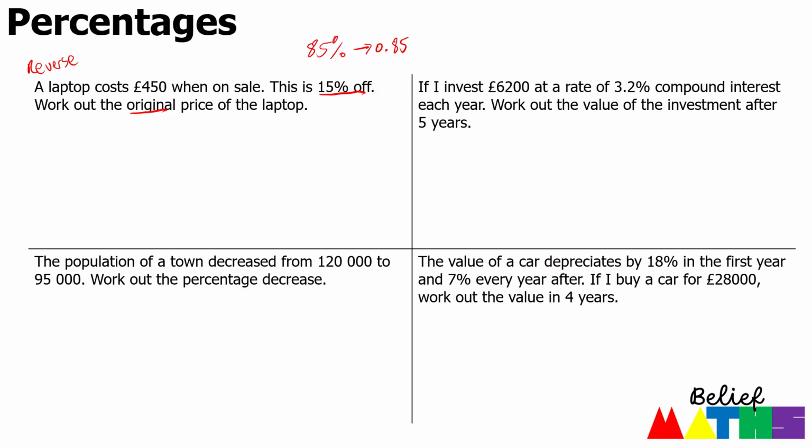The reason is because what we've done is 0.85 times something, the price of the laptop, and that gave us £450. So therefore, to get the original price on its own, we do 450 divided by 0.85.